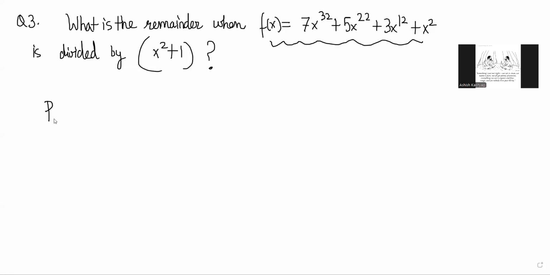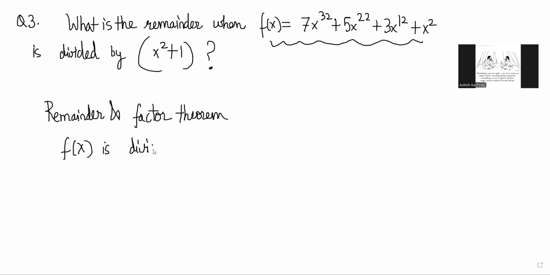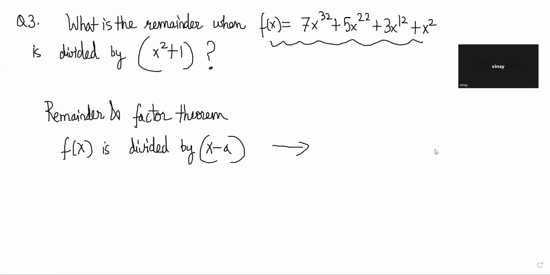So everyone must be aware of remainder and factor theorem, right? What is the remainder when f of x is divided by x minus a? Can you tell me? A constant.